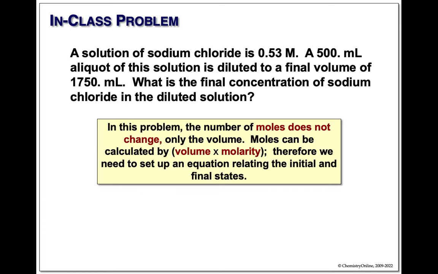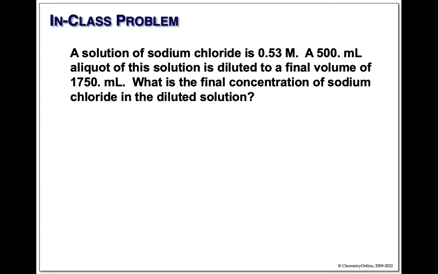We calculate our number of moles with a concentration and a volume. We know a final volume. We're going to calculate the final concentration. V1, 0.5 liters.